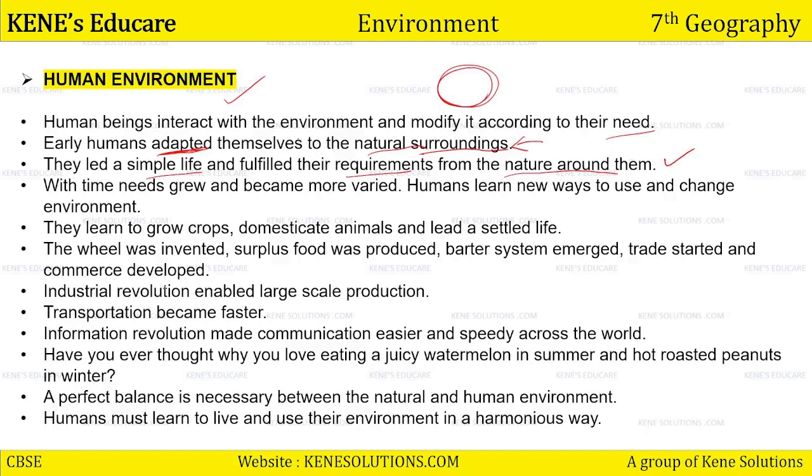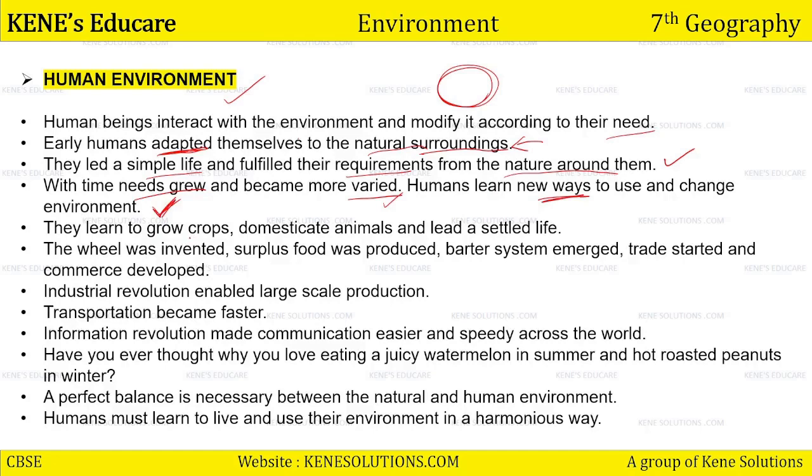But with time, needs grew and became more varied. Humans learn new ways to use and change the environment because अब time बढ़ने लगा, population was rising, our needs and necessities were increasing day by day. That is why we wanted some variety of resources as well. And then humans started learning new ways to use and change the environment, to change the natural environment.